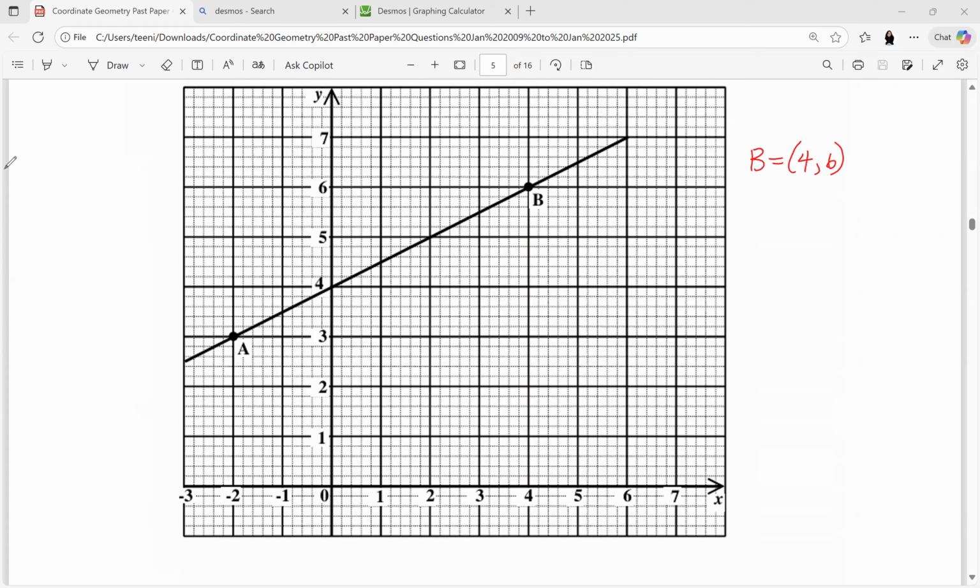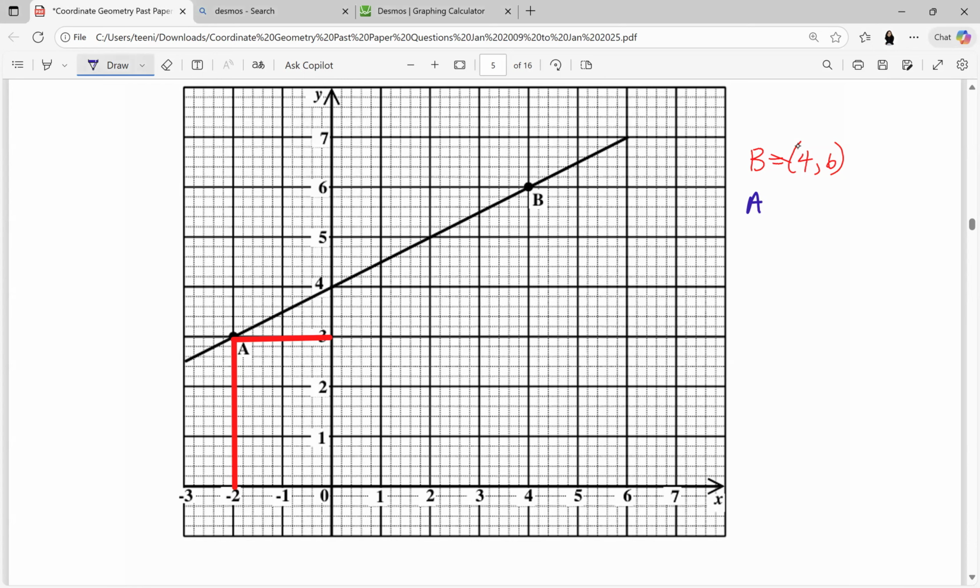And then for the coordinates of A, again you read your x coordinate first, so that's negative 2, 3. So always read the x and then the y, horizontal and then vertical.